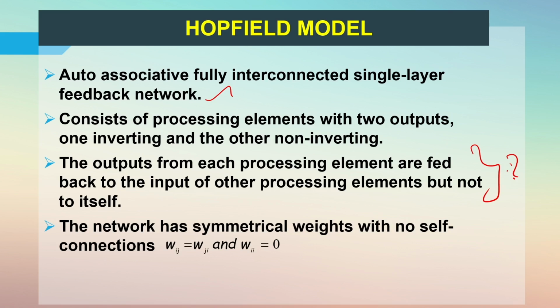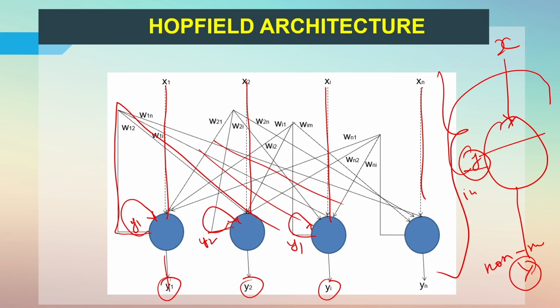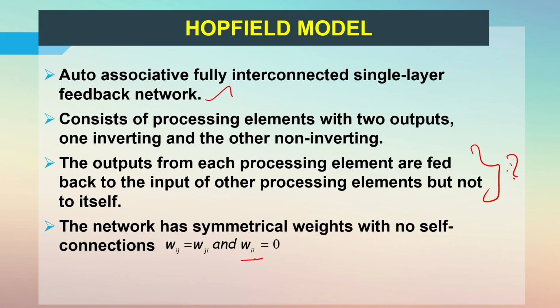There is no W11, no W22, no Wii, no Wnn. These self connections are treated as 0, so Wii is 0. Accordingly, Wij is equal to Wji, both are equal.